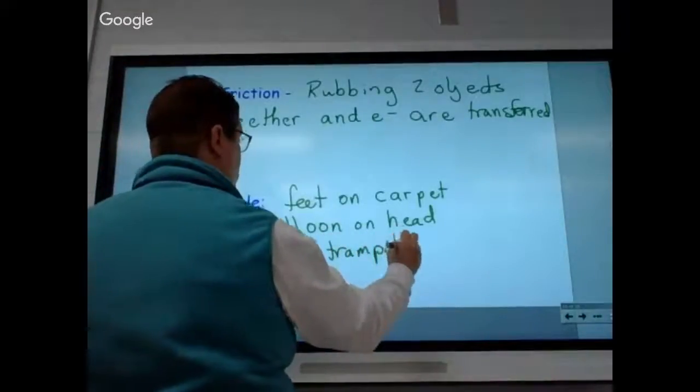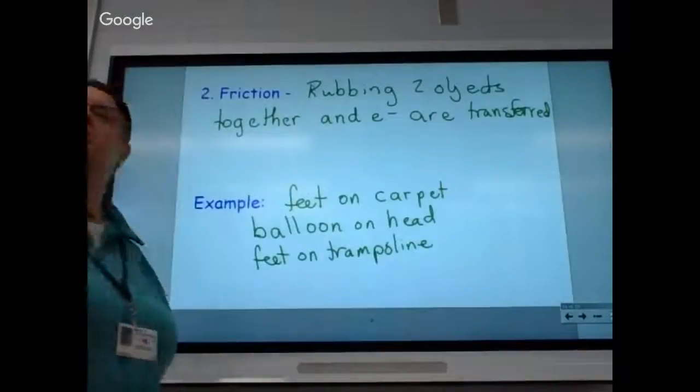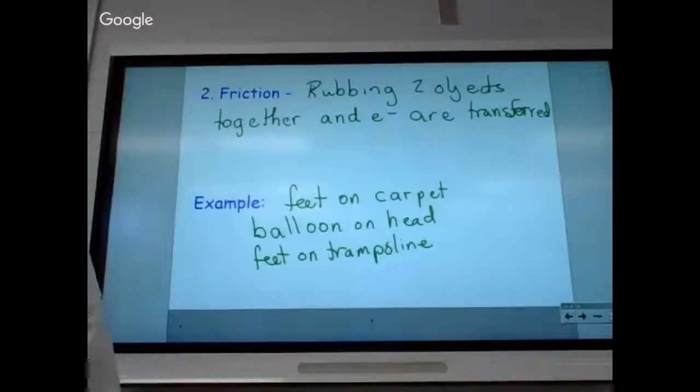Now, with snowboarding, what part is creating the static electricity, though? Okay, the snowboard on the snow is not going to create static electricity because there's too much moisture. The water is going to absorb all the static electricity, and we'll talk about that tomorrow.